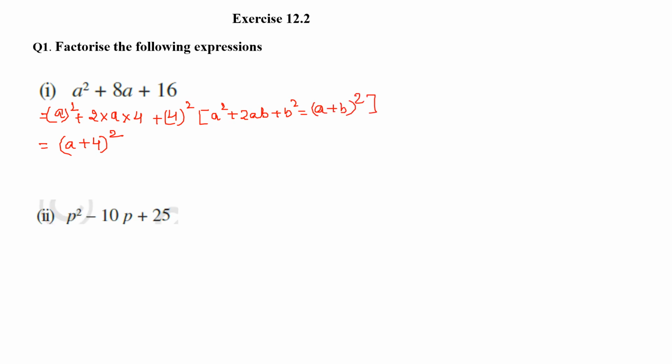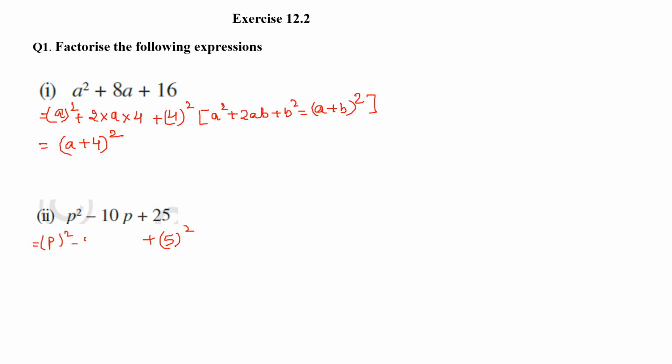Now the second one, here it is p square minus 10p plus 25. You can see p square I can write as p whole square, and 25 I can write as 5 square. Now this minus 10p, can I write it as minus 2 into a into b? Your b is 5, right? So this is your p whole square, this is 5 whole square.